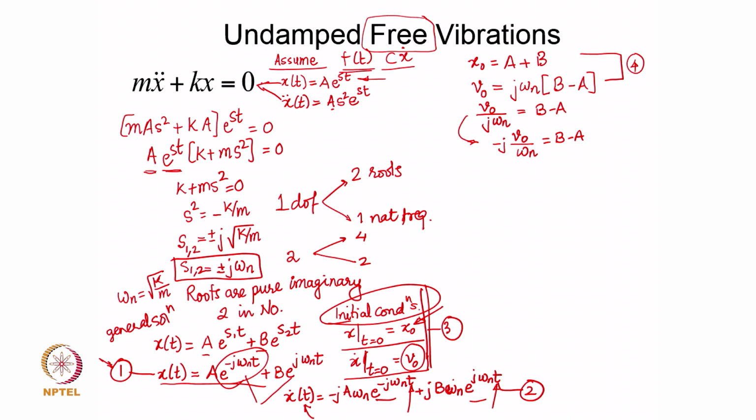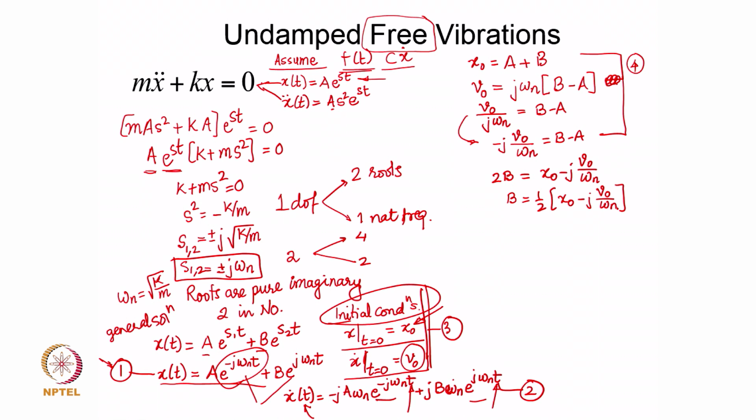Okay. So, if I add these two equations, then I get 2b equals x naught minus j V naught by omega n, or b would be half of x naught minus j V naught by omega n.